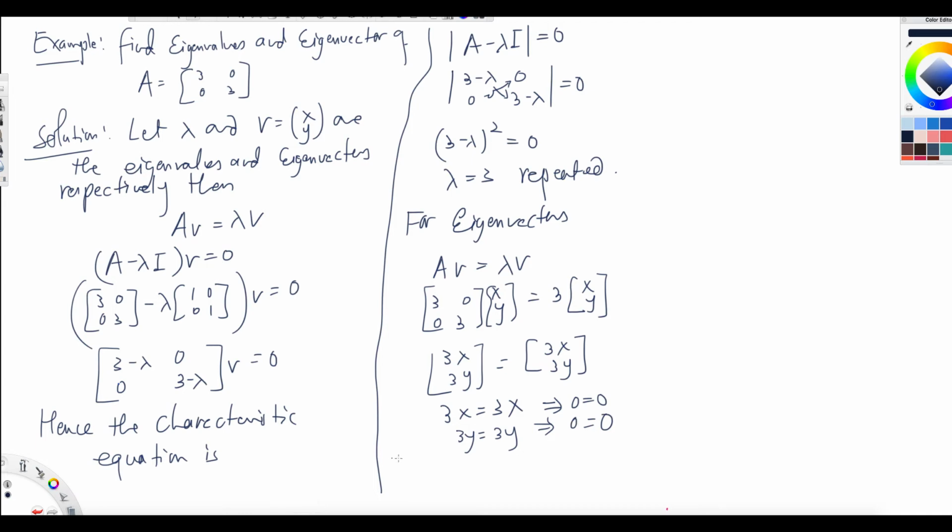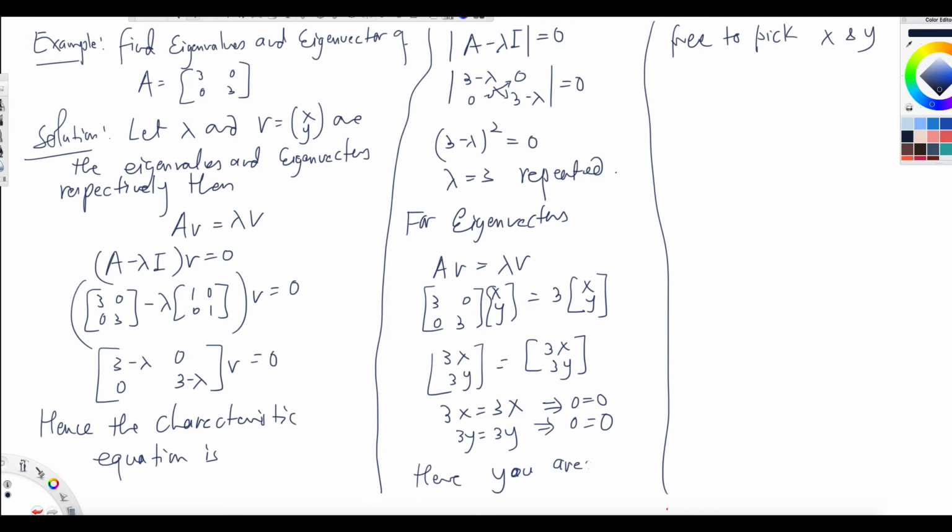So here we don't have any constraint left actually, so you can pick any values of x and y. You are free to pick x and y values.